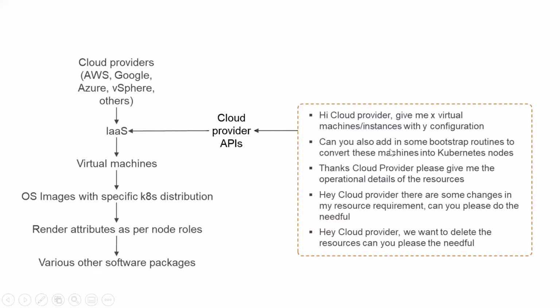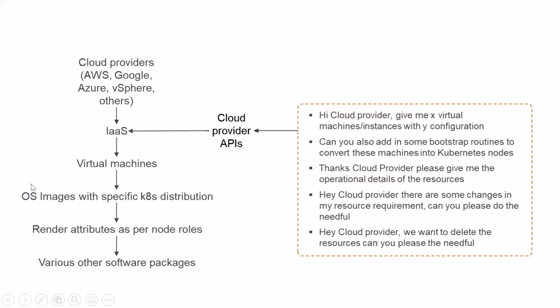Once the nodes are up and running with the Kubernetes configuration, can I get the operational details of those resources so that I can do health checks and things like that on those cluster nodes? So cloud provider, can you give me the set of operational details of those resources? Likewise, once the Kubernetes cluster is created, what is Kubernetes cluster creation essentially?